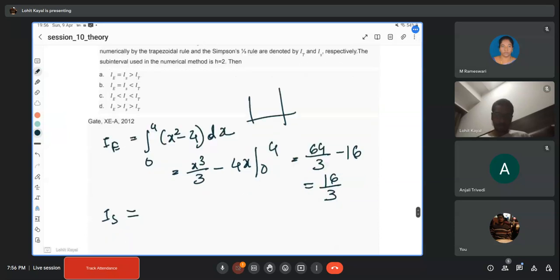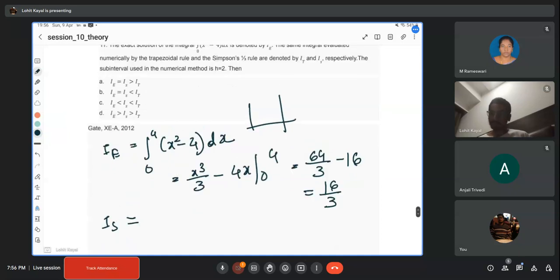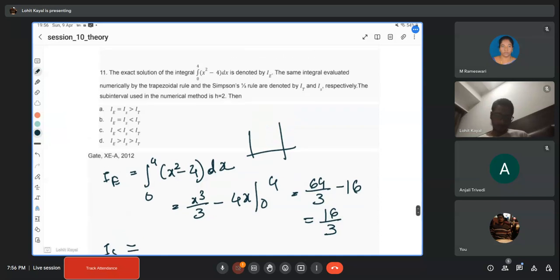Another information provided is that the sub-interval used in the numerical method is h equal to 2. Okay.